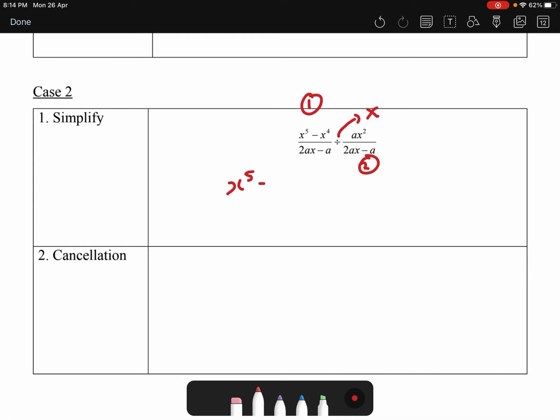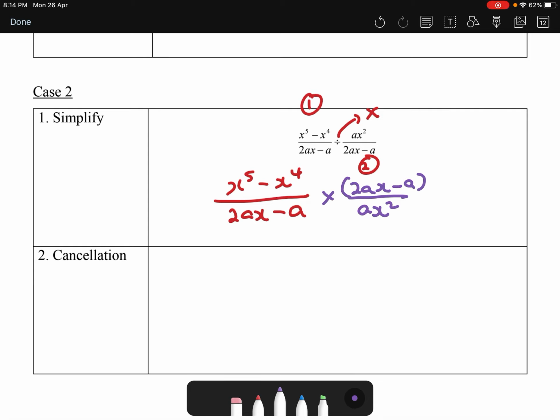When you change to times, the first term is x to the power of 5 minus x to the power of 4 over 2ax minus a, and you times the second term, ax squared over 2ax minus a. Put a bracket.